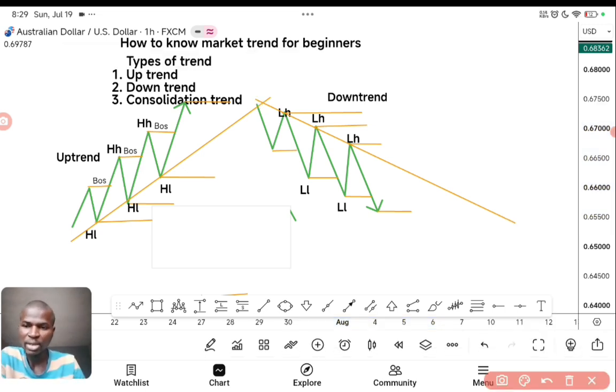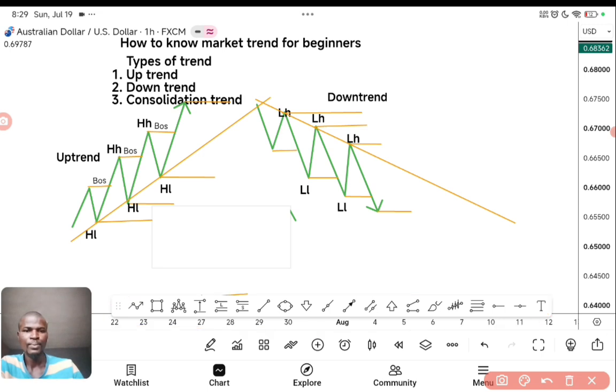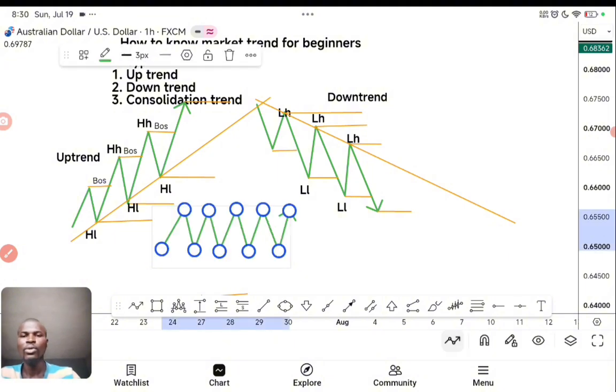I'm using a tablet to create this video. If it were on a laptop, the visual would be more organized than this. You can see these are the tools that you use to analyze. So that's it.